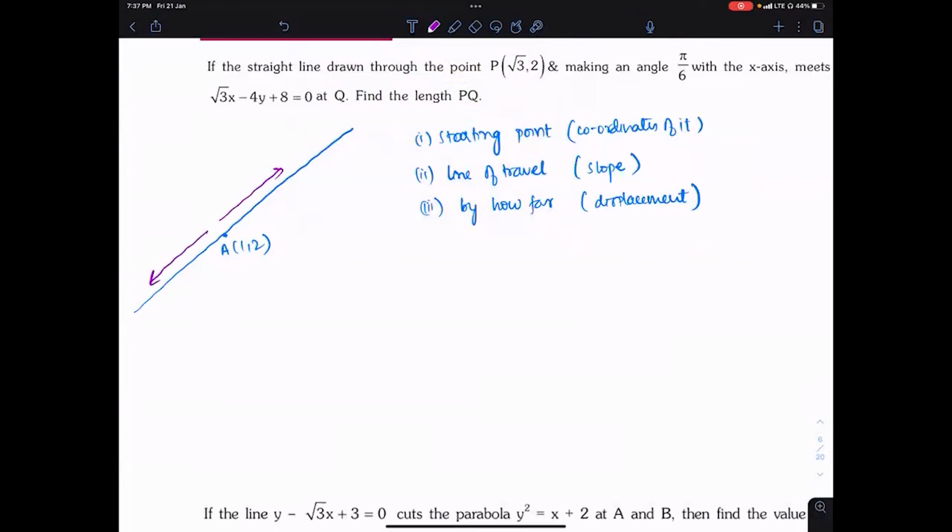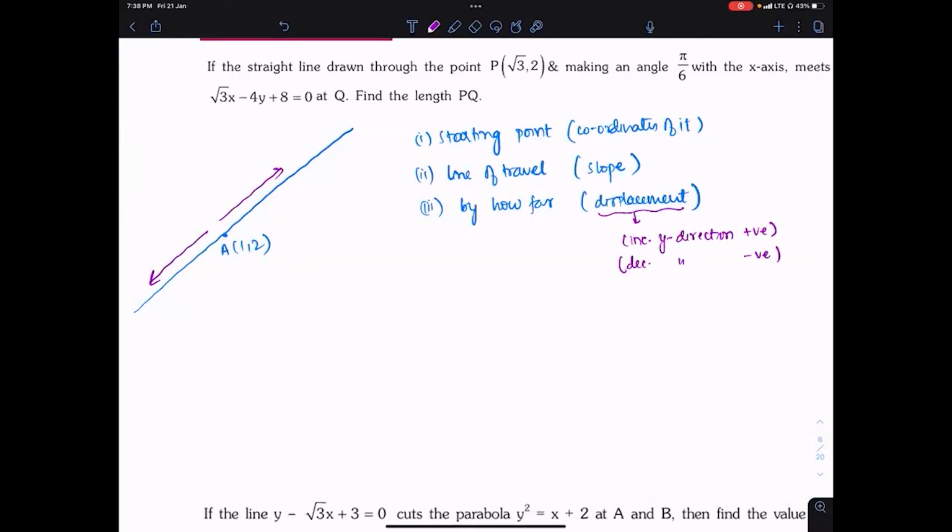That's why we use the term displacement. If we are moving in the increasing y direction, we take positive. Decreasing y direction, we take negative. That is the notation for displacement.